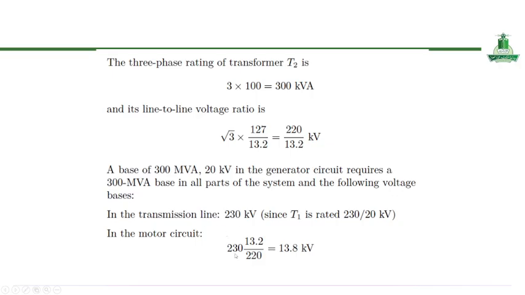And after that we just need to use this relationship to find the voltage base in the motor circuit. So it will be equal to 13.8. So in overall, this slide demonstrates how proper base selection and voltage scaling across transformers are essential steps for building an accurate and consistent per unit system model. So according to Power System 1.